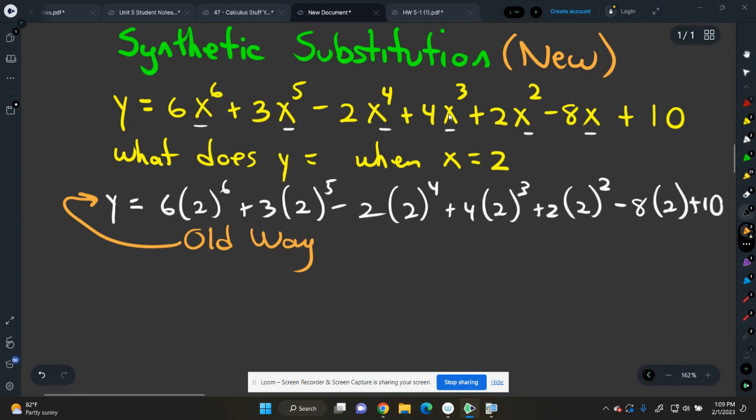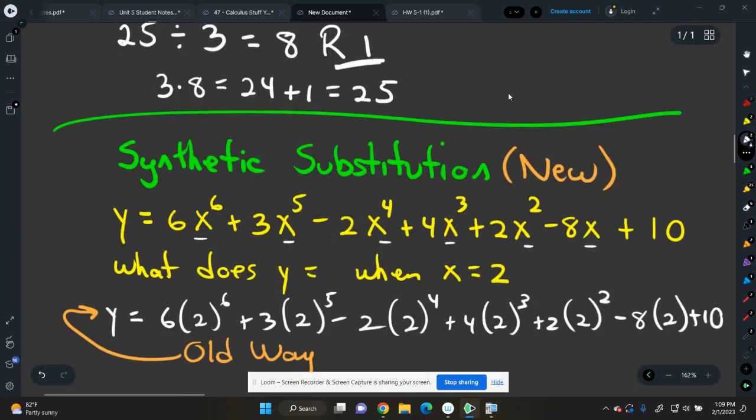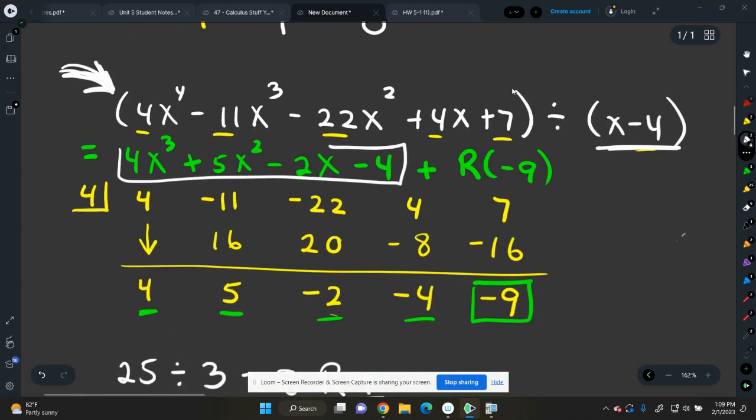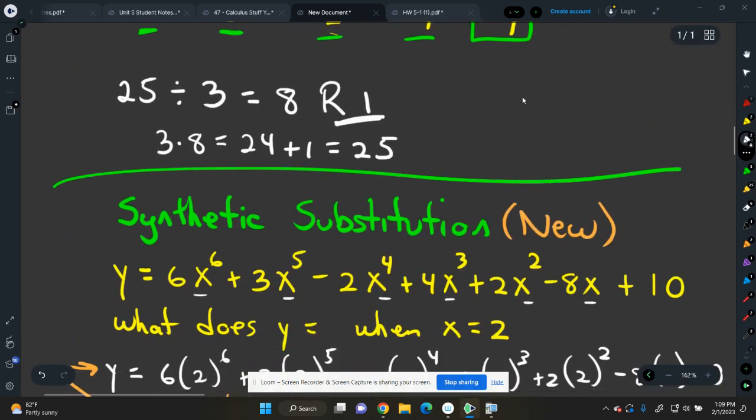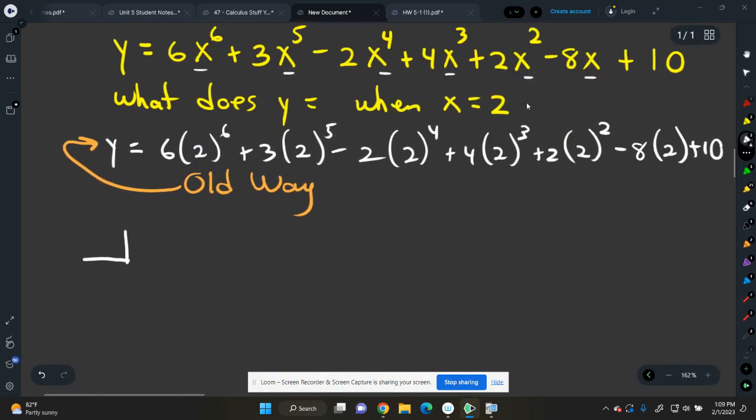Now, we're going to make our corner. This is where it's different. When we were dividing, we took the opposite of that number and put that in our corner. Now, when we're doing the substitution, we do not take the opposite.